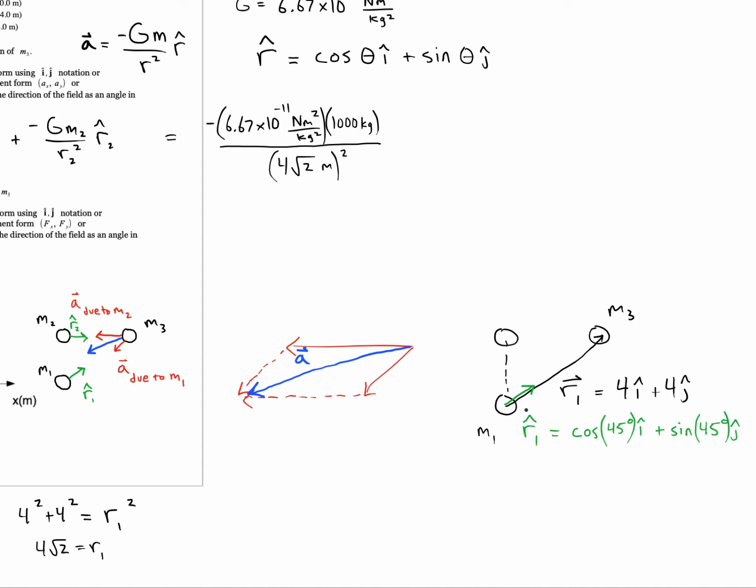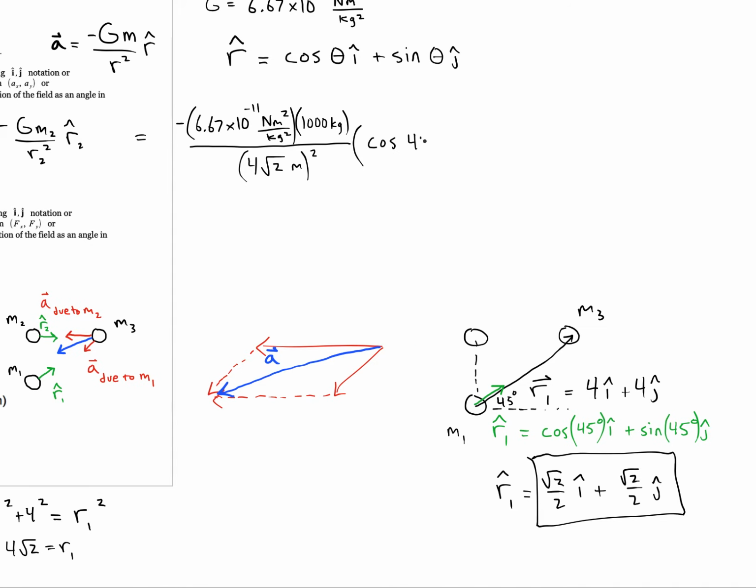So what do we get for R1 hat? We get R1 hat equals radical 2 over 2I plus radical 2 over 2J. So it's just like a scaled down version of the original R vector. But anyway, that is what we want to plug into our formula. Alright, that takes care of M1.